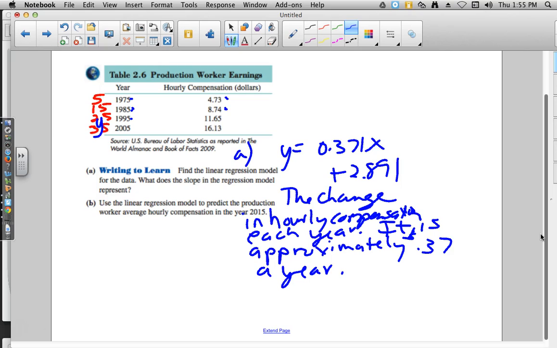B says use the linear regression model to predict the production worker average hourly compensation in the year 2015. Well, 2015 would be 45 years later. So X equaling 45, because remember all of this started in 1970.